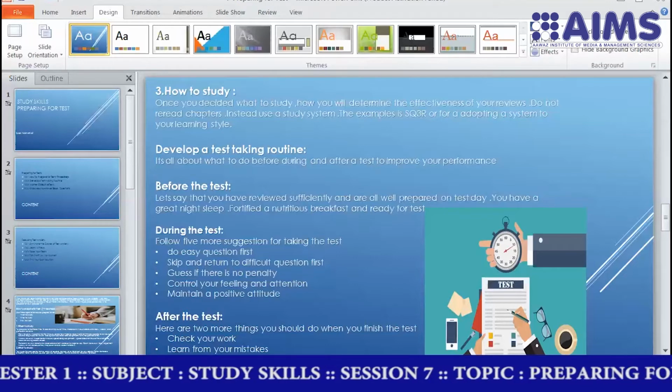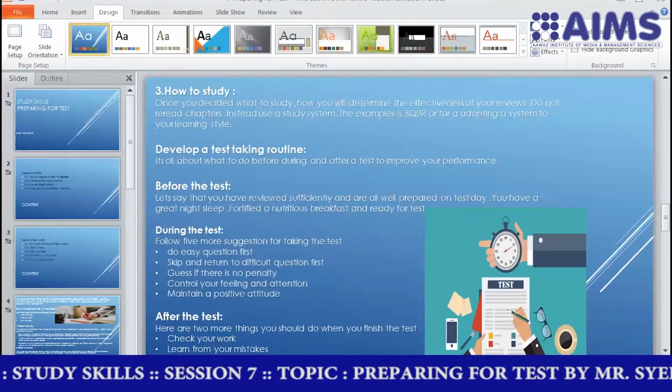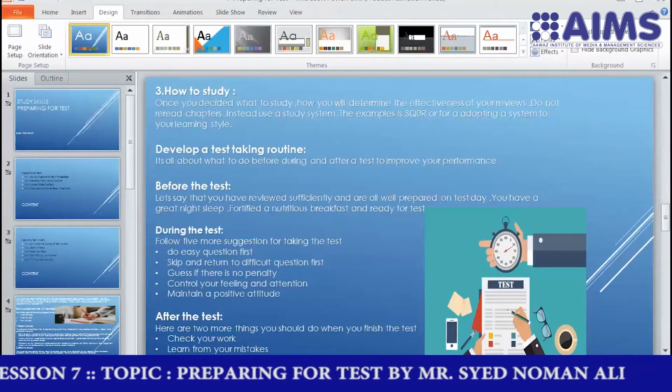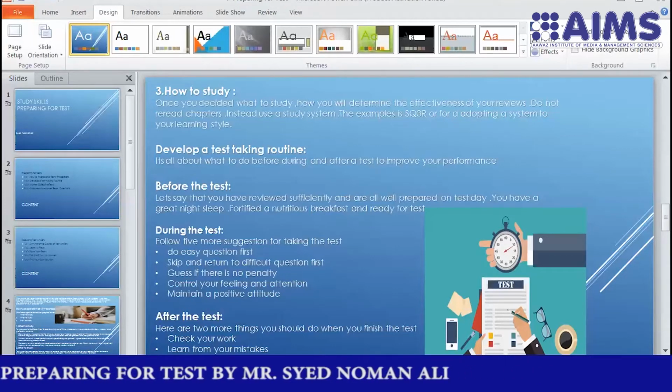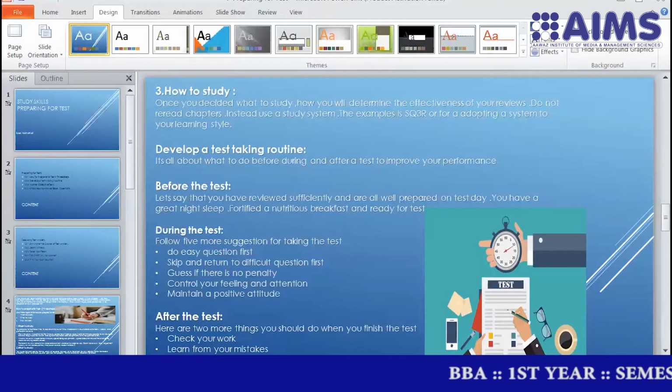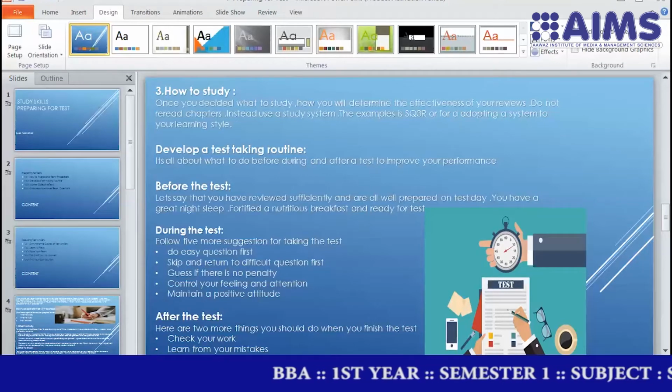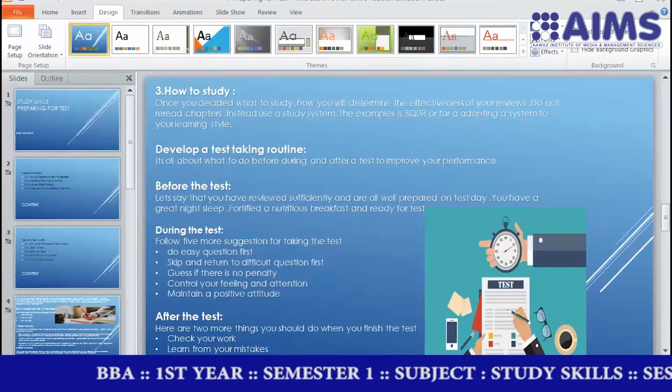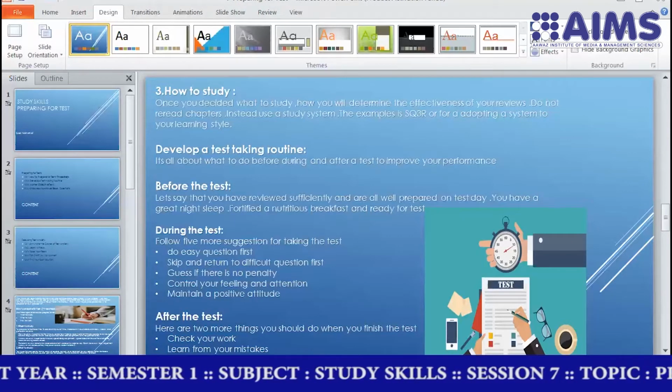After the test, here are two things you should do when you finish. First, check your work, what you have written. You will recheck it, review it, and learn from your mistakes. If you made a mistake, correct it, highlight it, and replace it with the correct answer.